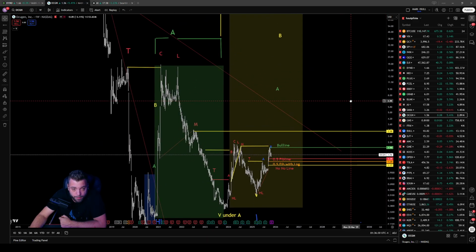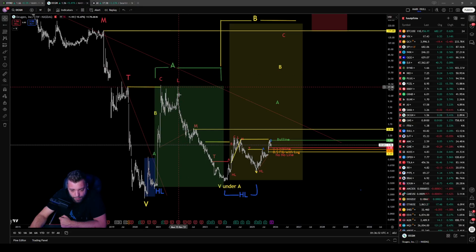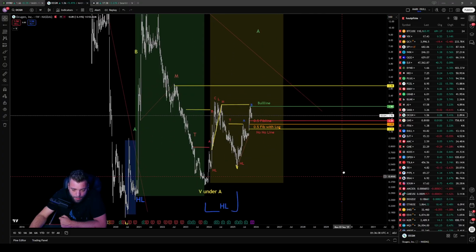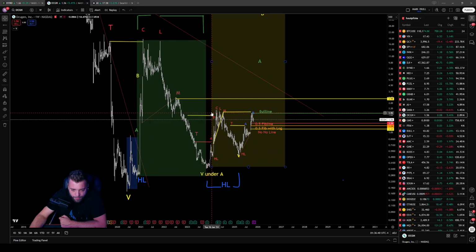So what did we do? The A pullback is finished. We did a perfect V and A for the big A pullback. This whole thing would be your higher low, which is also finished.